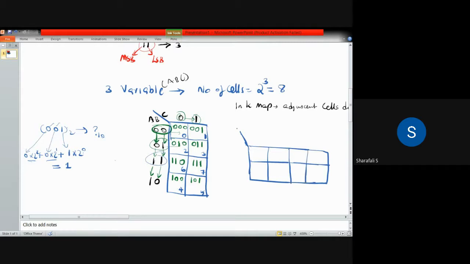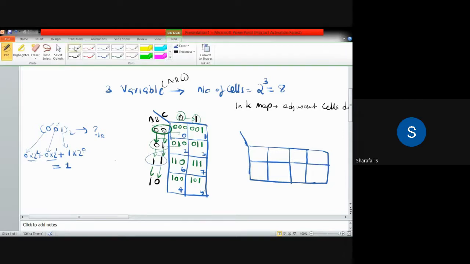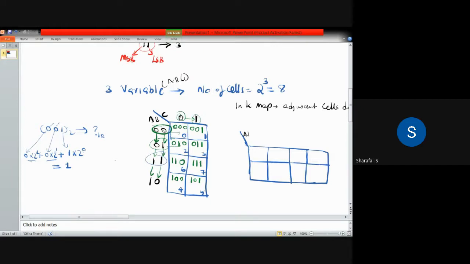Now you have to consider AB here. In this case, we are considering AB at the top and C here. So we will have C as 0 and 1 here, and AB as 0 0, 0 1, 1 1, 1 0.